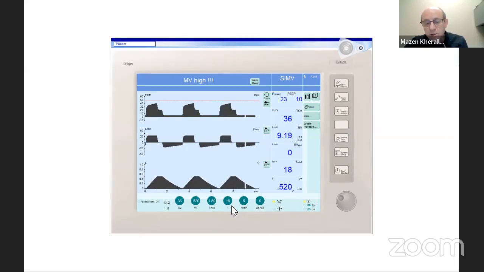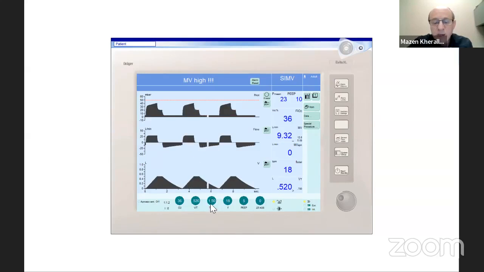That's number one. Now, number two, what's my aim here? What do I need to do? I need to provide more time for expiration. The reason why we have persistent flow is because we're cutting this early. And yes, by decreasing the rate, we can improve it, but it is not the first thing that we should do. What we should do is look at the inspiration here.